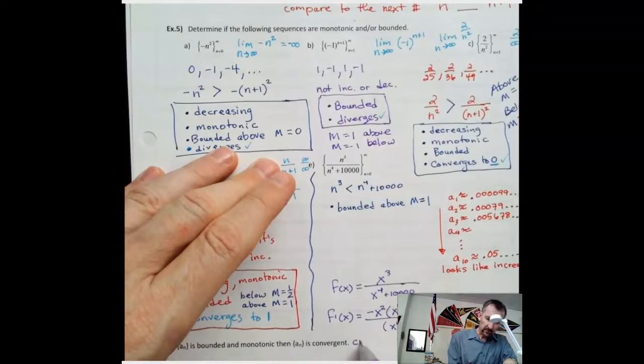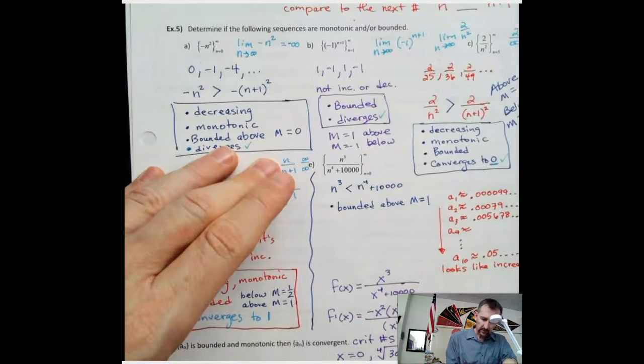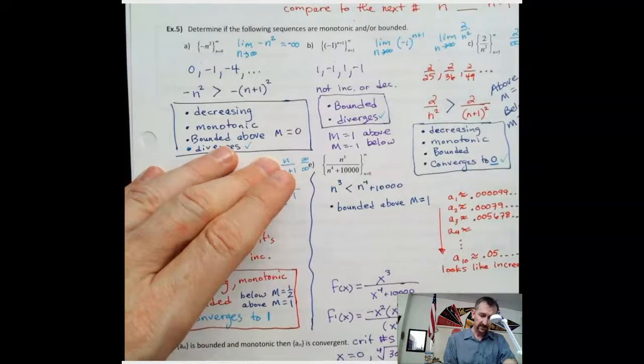So if we look at the critical numbers of that, that's going to be x equals 0 and the 4th root of 30,000, which is approximately 13.1607. So what we'll see there is that the derivative changes signs at that critical number.